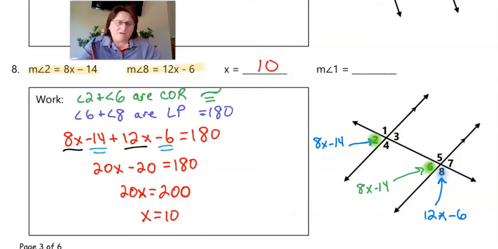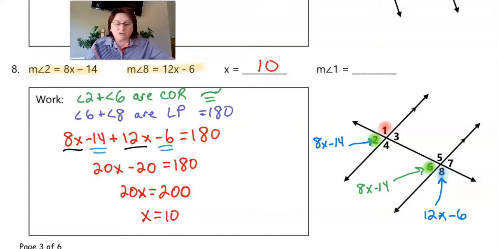Now, while you guys are writing that down, I want you to think about, now we're asked to go find the measurement of angle 1. Oh boy. There's a couple of different ways that you can solve this, and it's not right or wrong, it's just however you see the picture.